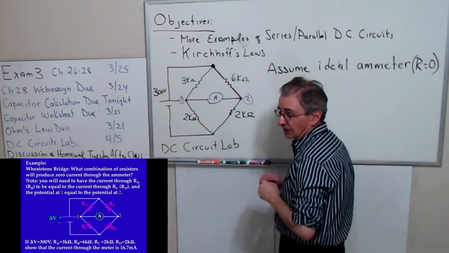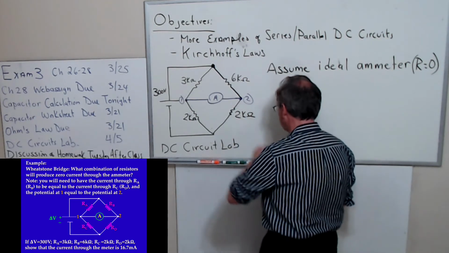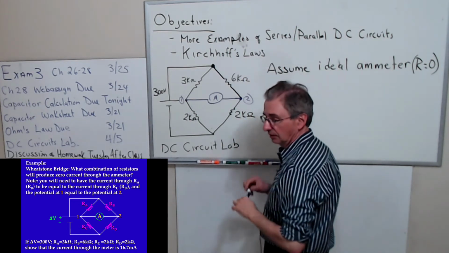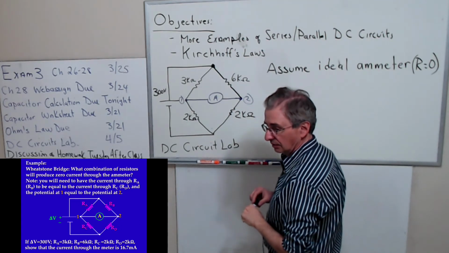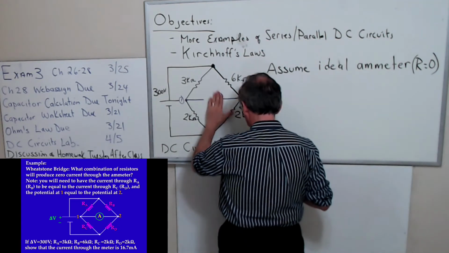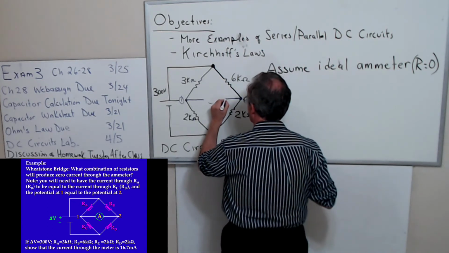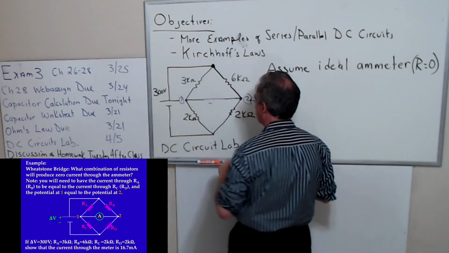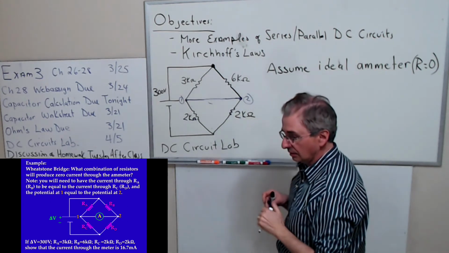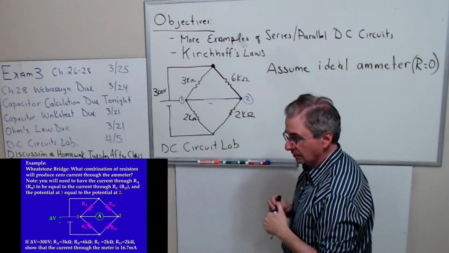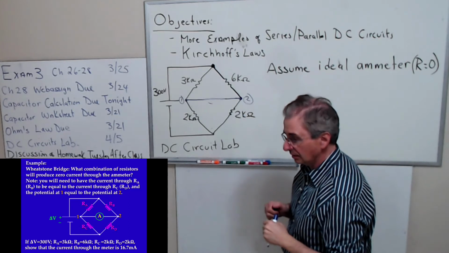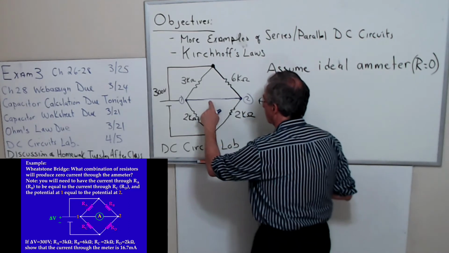It's the same thing as if I used a wire. It's no different than me doing this. What does that mean though? The equivalent resistors are in series right there.